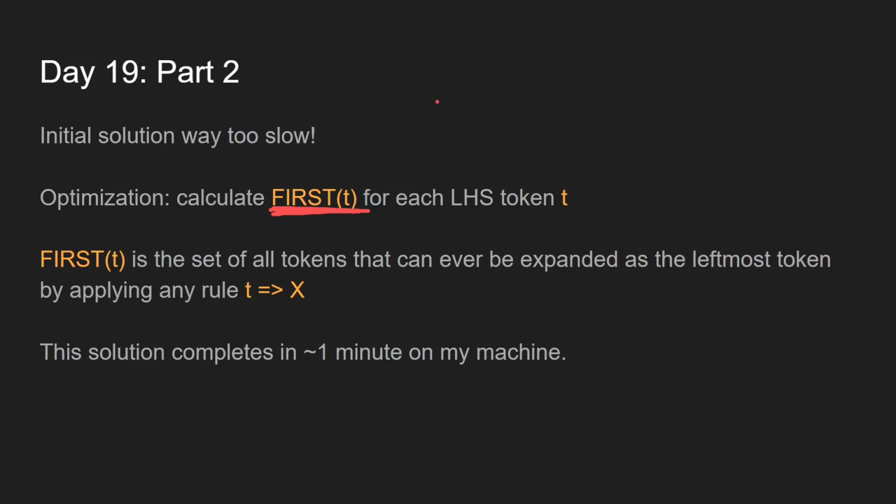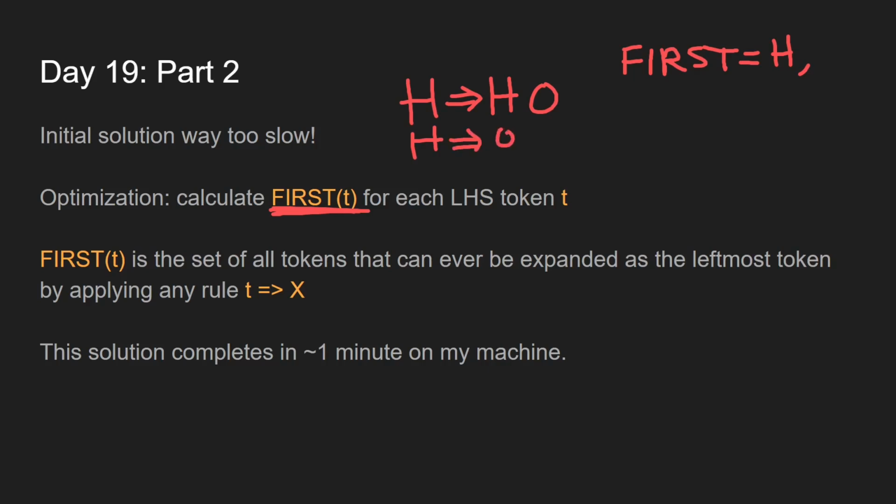So for example, if we have this rule H goes to HO, then initially we have the first set here, and we put the token itself into the set. So first is equal to H, and then we see what can we get if we expand H, and then we have also another rule here. These are the initial rules that we had in the problem description. Okay, so we could replace an H with OH.